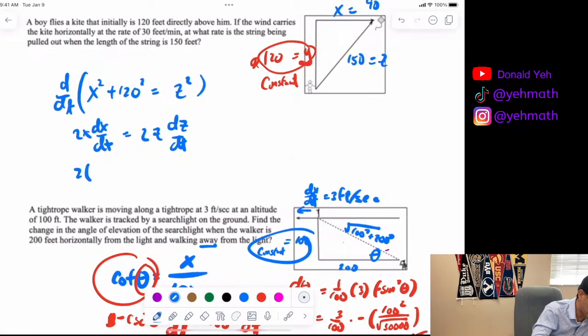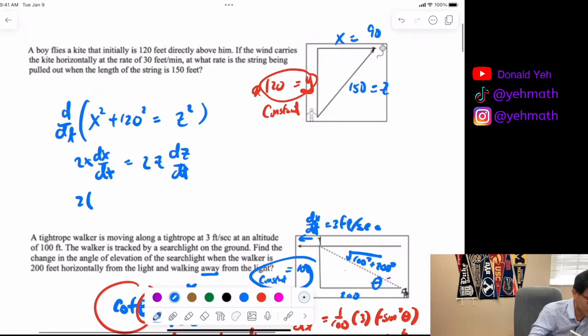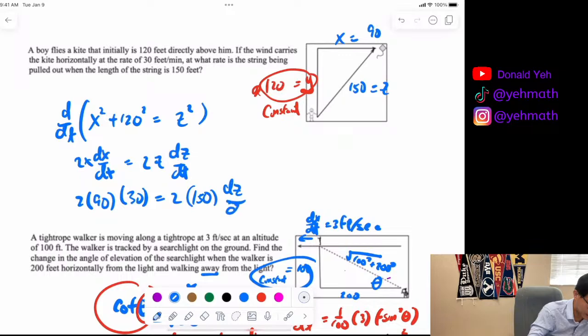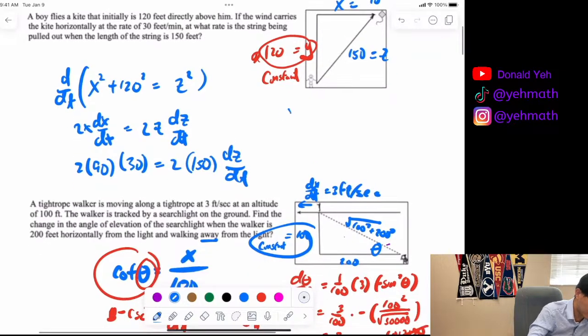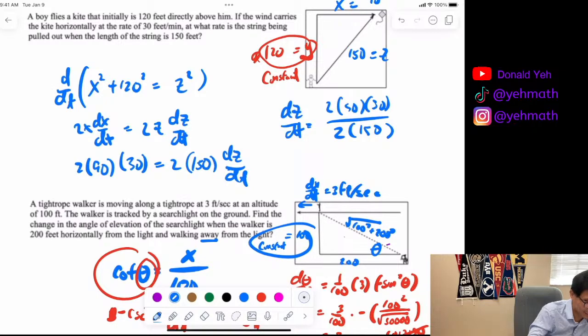Because we wanted that instant, the instant at x equal to 90, so that's 90. dx/dt is what? 30. And equal to 2 times z, which is 150, times dz/dt. And then you just plug in everything. So dz/dt is equal to 2 times 90 times 30 over 2 times 150. Guys, learn how to simplify fractions.